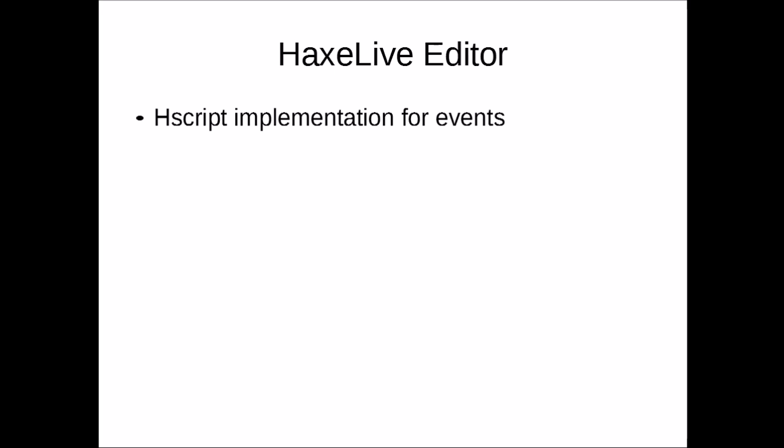I'm not going to go insane with autocompletion and stuff like that, but the general idea is just have this editor that helps you use HaxeLive, basically, so you don't have to touch these JSON files anymore. The HaxeLive editor will do all of that for you, right?